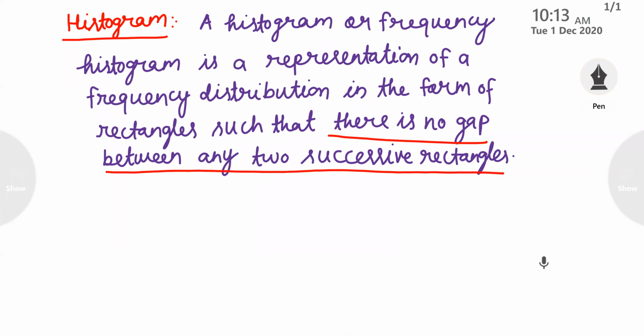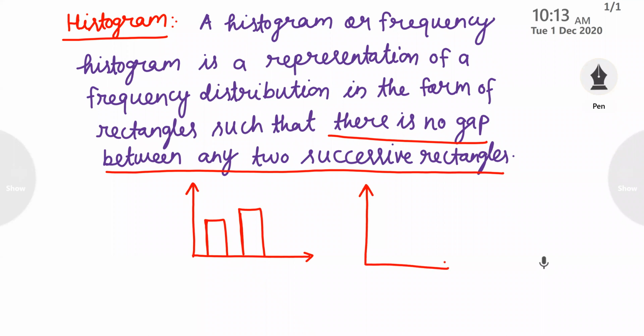It means when we are drawing a histogram, you are observing, when we drew the bar graph, I gave gaps. This was the bar graph, right? But if I'm talking about a histogram, we will not give any gaps. Suppose I draw one more, the other graph will attach with this.